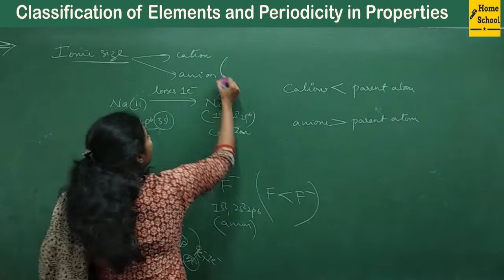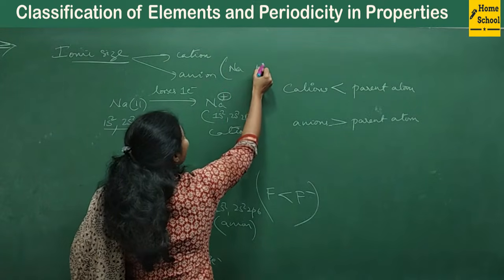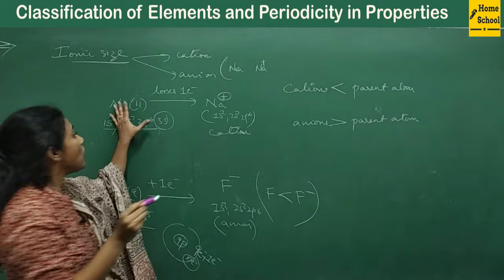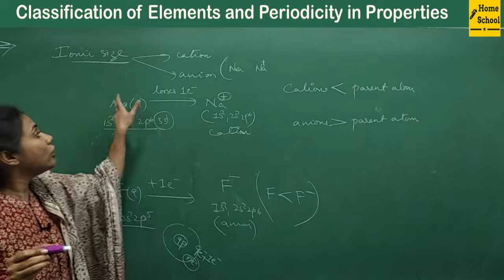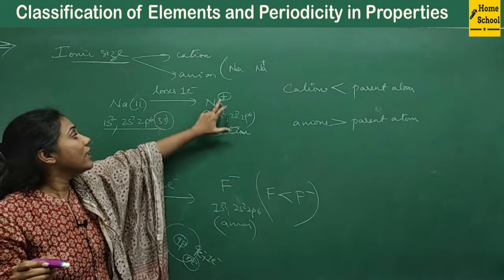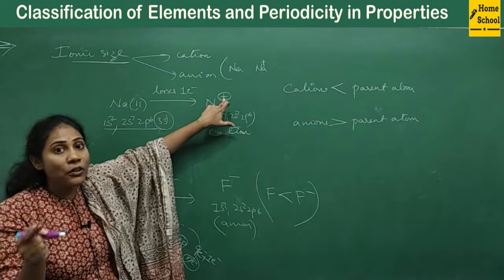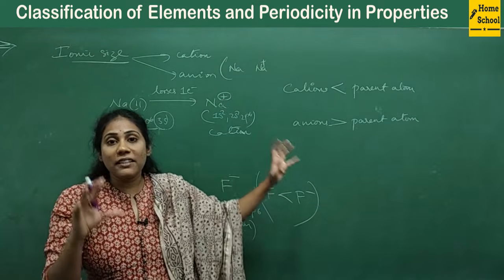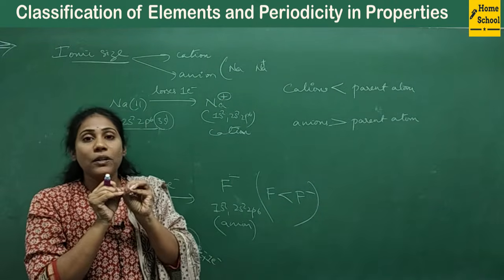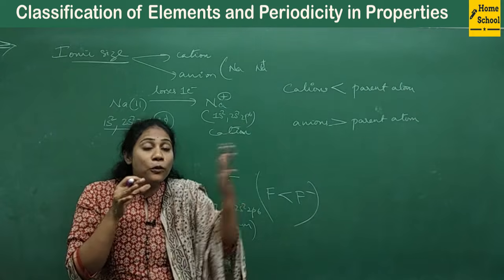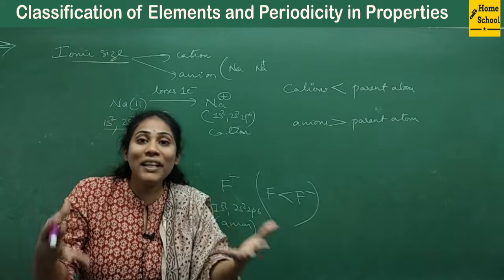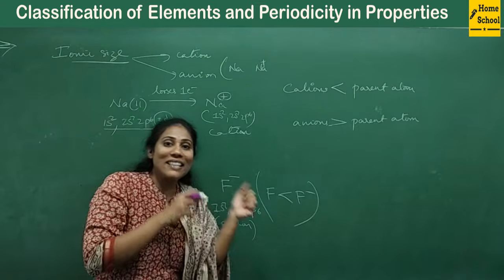Say now here, between sodium and Na+, which is greater in size? See, it has lost an electron, right? On losing an electron, you got a cation. Number of positive charges more. Just now I told you, as the number of positive charges, protons, increases in the nucleus, the last shell moves more and more towards the nucleus because of more attraction between the nucleus and the last shell.